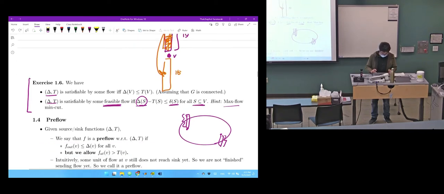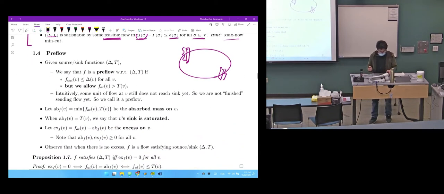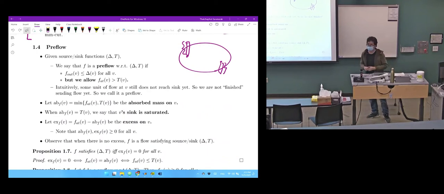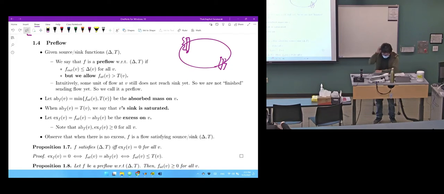All right. Now preflow. So preflow is this. Given the sourcing function, a preflow is just the flow such that this condition is still true.